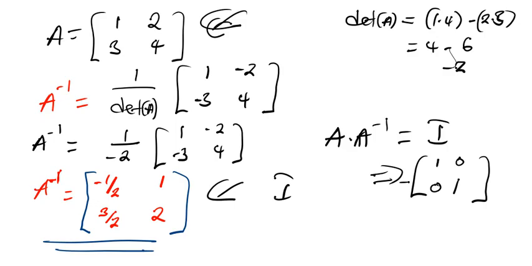Now let's try another example. We have matrix P being equal to 1, 2, then 2, 3. Now for this matrix, we want to find the inverse.